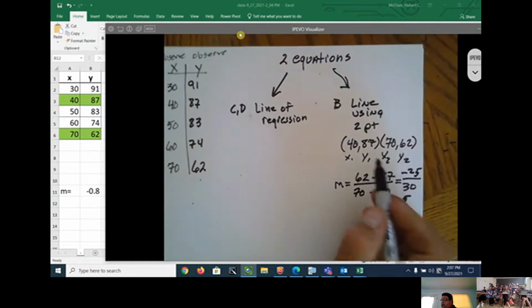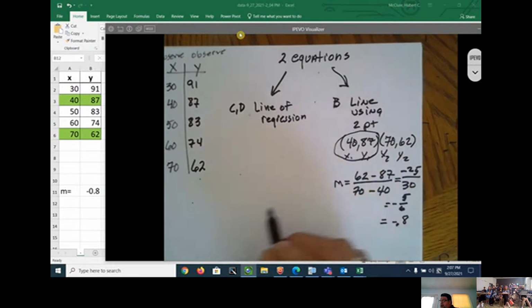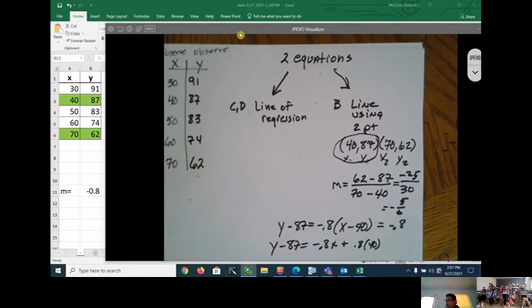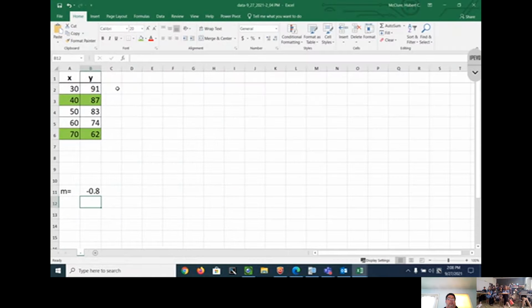And now we're going to use this point. So y minus 87 is equal to negative 0.8 times x minus 40. Y minus 87 is equal to negative 0.8x plus 0.8 times 40. And I'm just going to do this on the computer. I'm not going to try to use a calculator. So I'm going to go down here and make this a little bit longer.